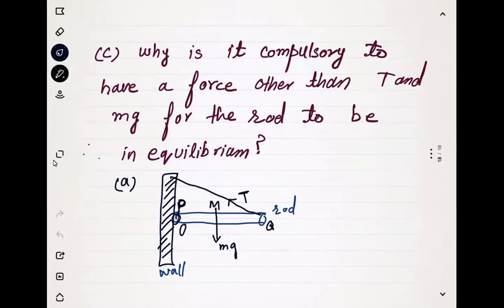The forces are T and mg, and the third force will be acting at the point of contact between the wall and the rod. So we'll say that forces are T, mg.